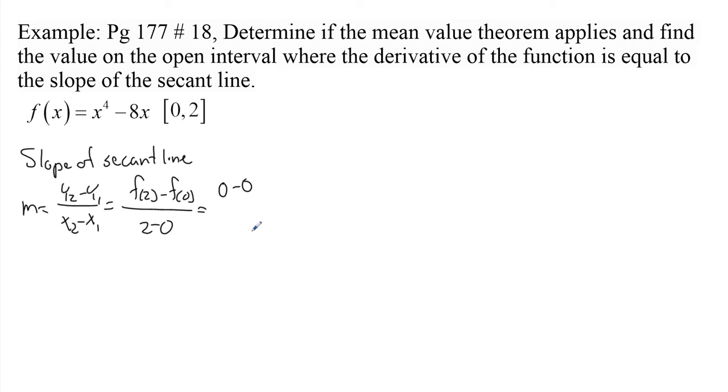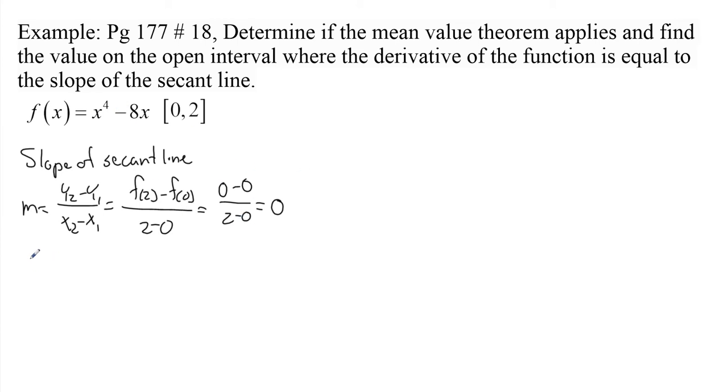I need to check my work. I'm feeling confident. 2 raised to the fourth, and then minus 8 times 2 is 0. And then when I plug in 0, I'll get 0. So I get 0 over 2 minus 0. So this would also work for Rolle's theorem, because the endpoints end up being the same and it's continuous.